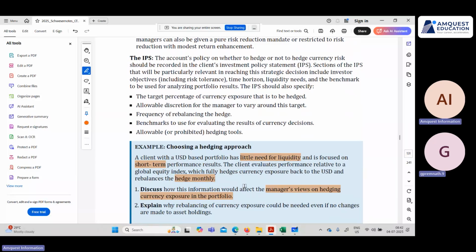But the only thing is, if I don't have any view or if I don't have any take on how we should go about this, the best way is passive. But if he thinks that maybe the currency would increase, then they can go for discretionary hedging where they can passively, let's say, cover 80-90% and keep the 10-20% unhedged. Is that clear? Clear.